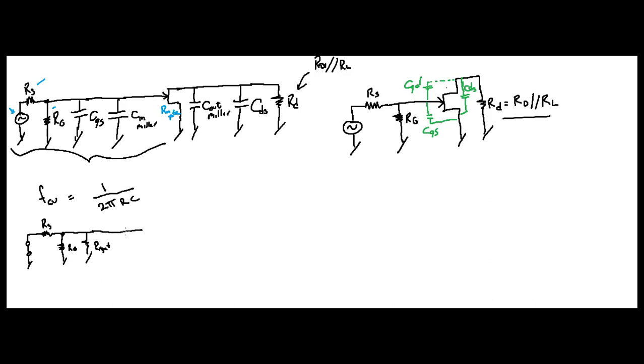Now over here you're going to have your capacitors, but we're just looking at calculating the resistance right now. So if you notice, all of these are going to ground, aren't they? RS is parallel with RG, which is in parallel with R in gate. So look, your R in gate is going to be extremely high.